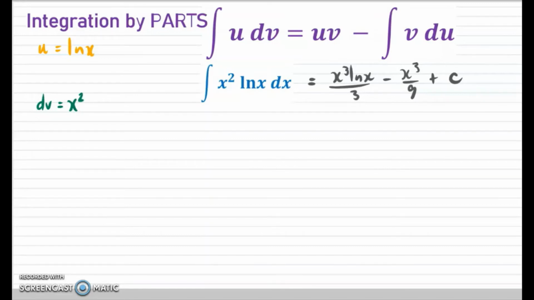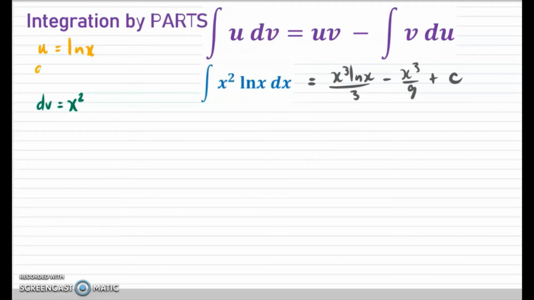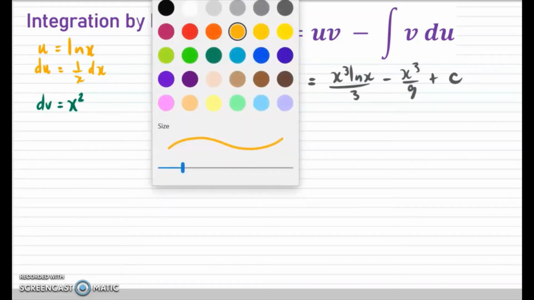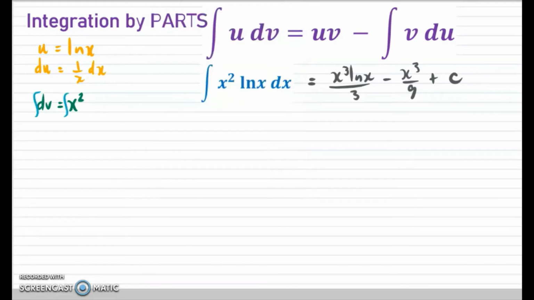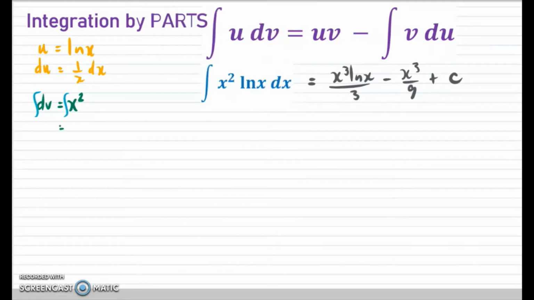Now let's find the derivative of u and the integration of dv for the other needed details. So we have the derivative of u is 1 over x dx, while the integral of dv is equal to the integral of x squared dx. So the integral of x squared dx is x cubed over 3 plus c.